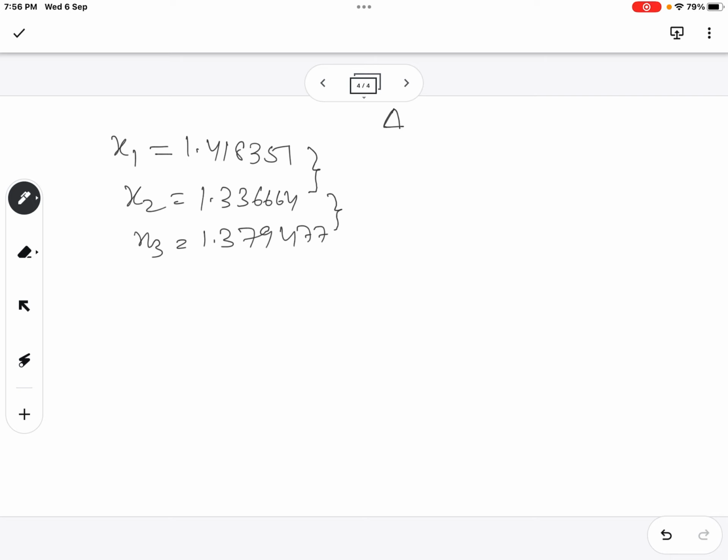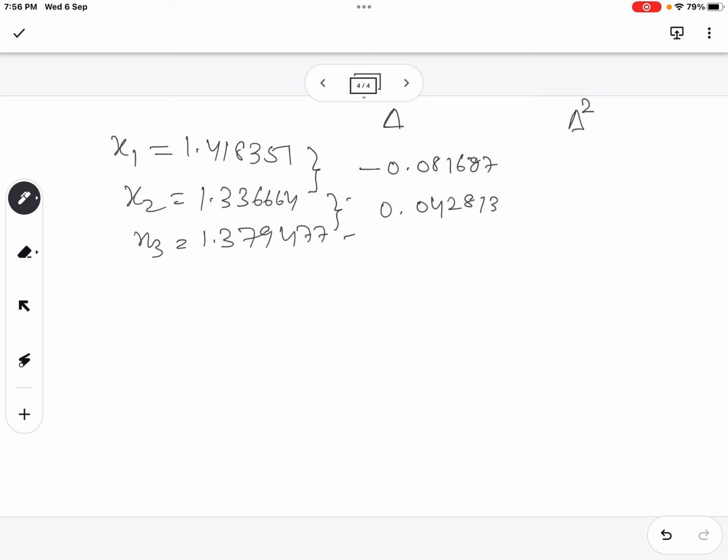This difference will be 1.336664 minus 1.418351, that is minus 0.081687, and the difference between these two values will be 1.3794777 minus 1.3366664, that is 0.042813.